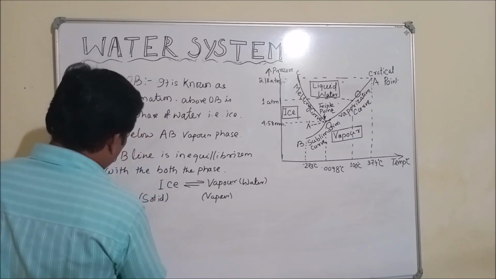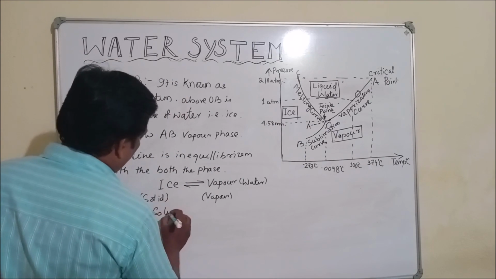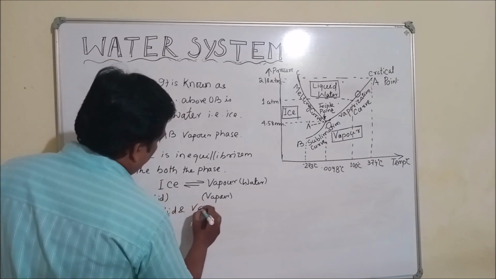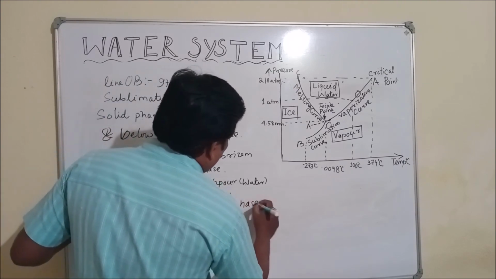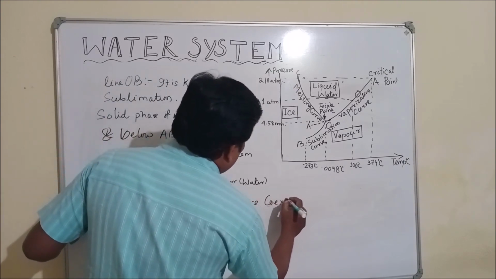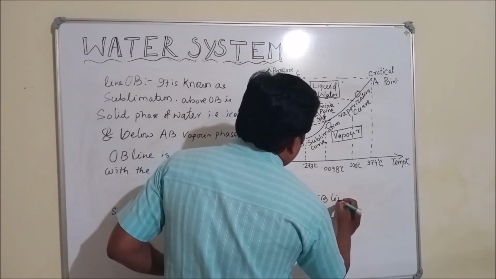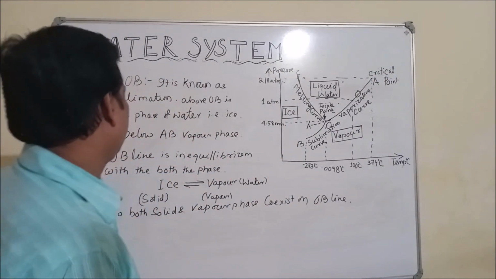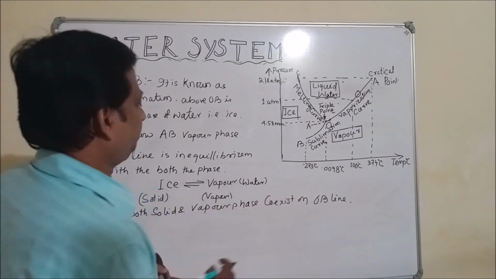So both solid and vapor phase coexist on the OB line.